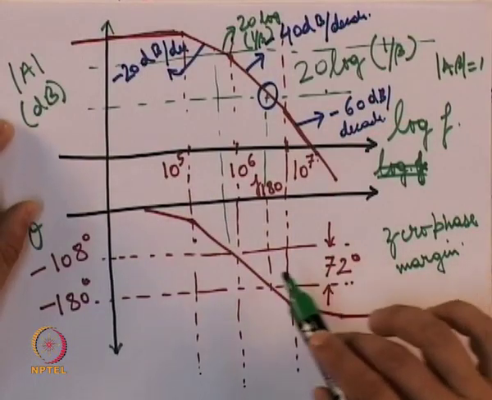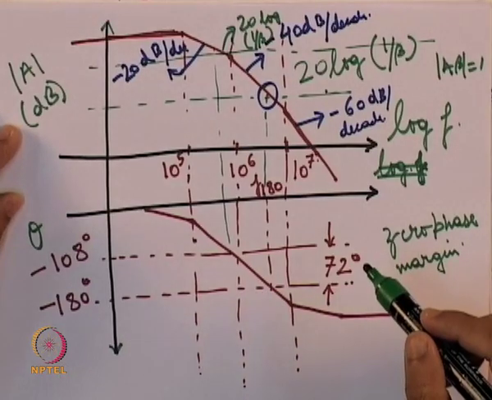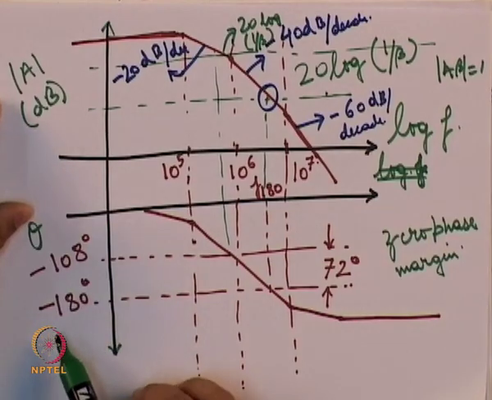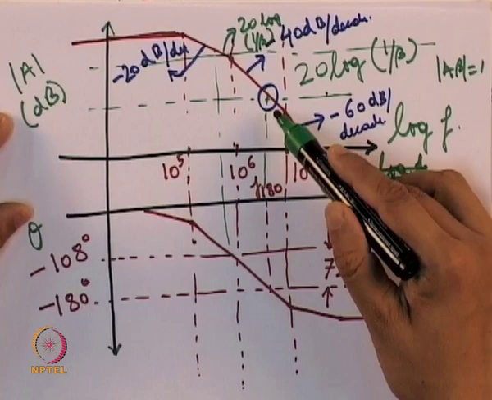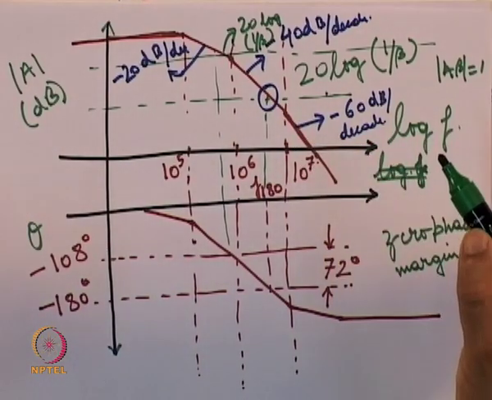Now, coming back to the circuit, this lower red line represents the phase response, and we see that this minus 180 degree phase is obtained only when we are passing through the minus 40 dB per decade region.